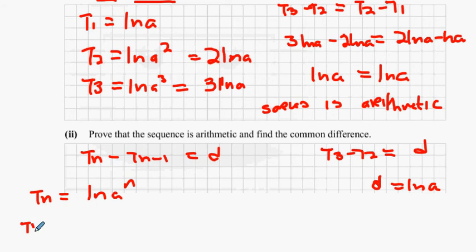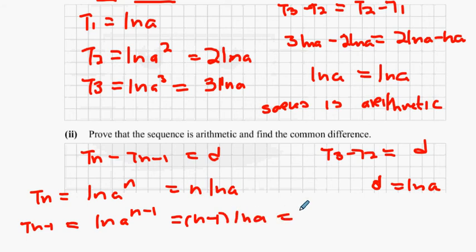Tn minus 1 equals ln A to the n minus 1, which equals n minus 1 ln A, which equals n ln A minus ln A.